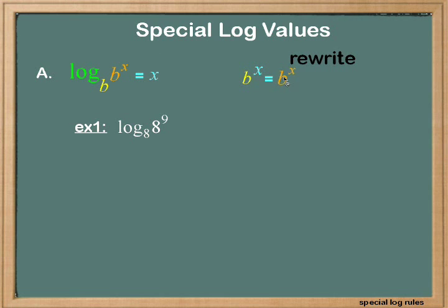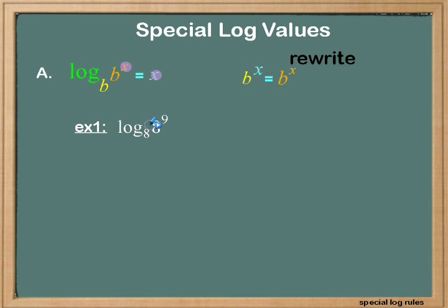And look what we have here. We have b to the x equals b to the x. So what does that tell us? It tells us something very important and very easy to see, that the two exponents that we have here, the one that log solves and the one of the number, are matching.